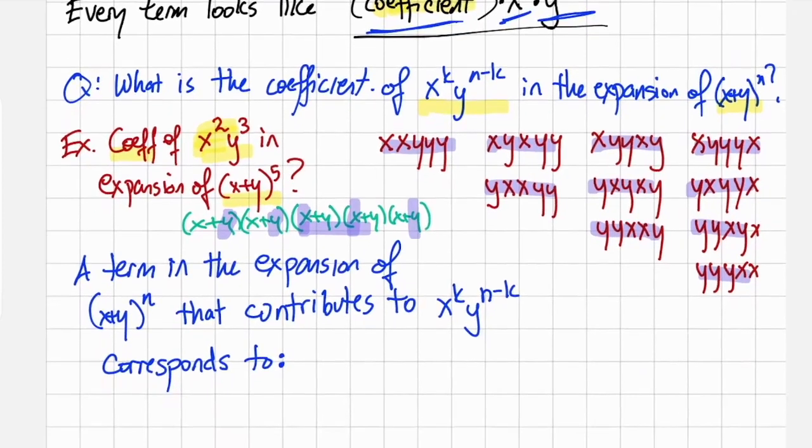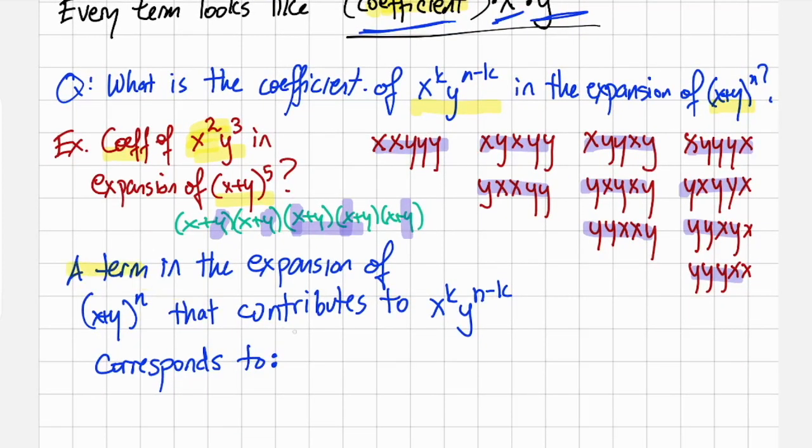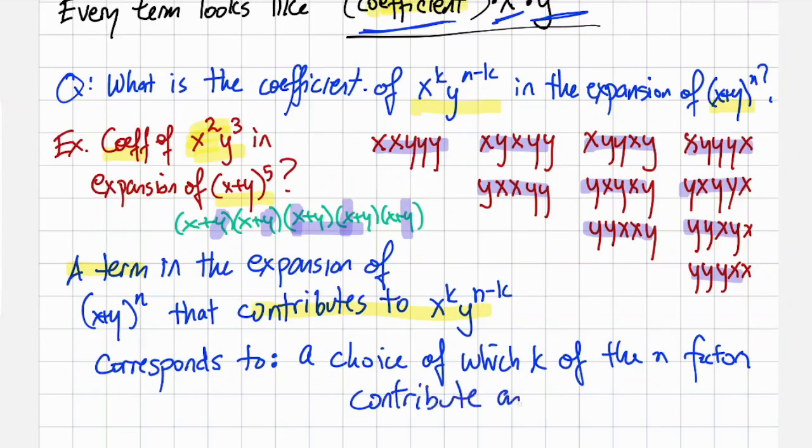And what we can see is that a term that contributes to x to the k, y to the n minus k corresponds to a choice of which k of the n factors contribute an x. The other n minus k factors contribute a y.